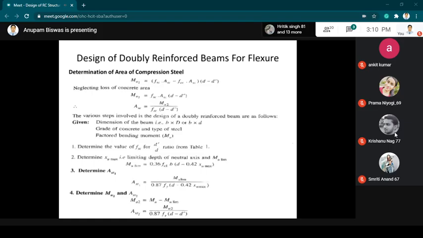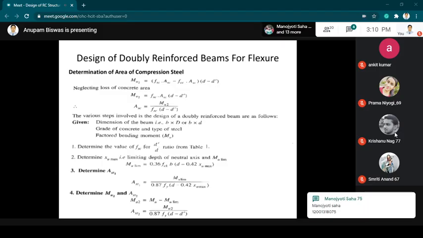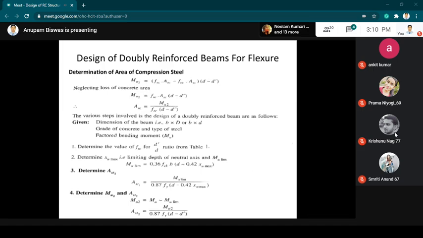So next is the corresponding value of the area of compression zone reinforcement. Okay, we already know Mu2 is FSC into ASC minus FCC into ASC. So here, if we do not consider the loss in the concrete area, neglecting that part, Mu2 turns out as FSC into ASC whole multiplied by d minus d dash.